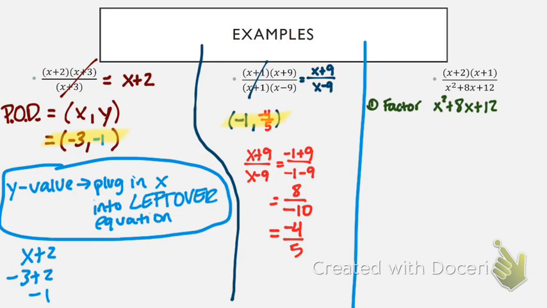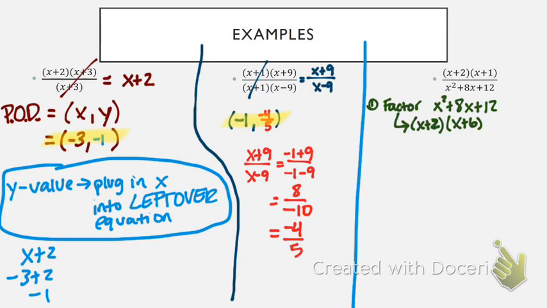I'm not going to go through the factoring. This factors to x plus 2, x plus 6. If you don't just want to take my word for it, show your work. Make sure you get the same thing. You can pause it if you need to.